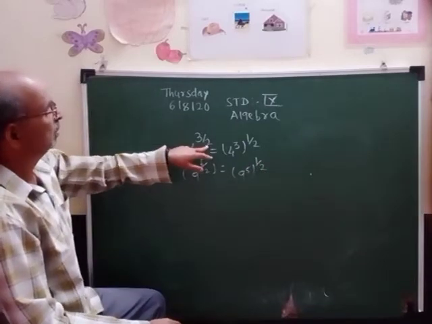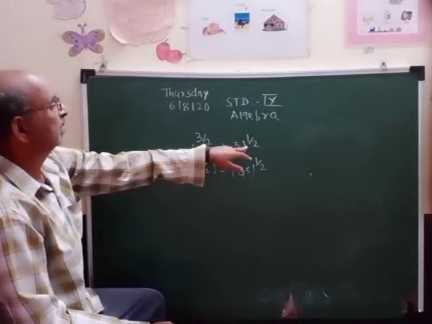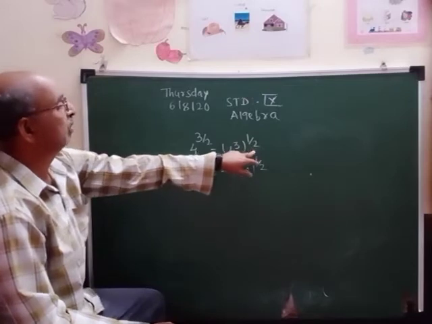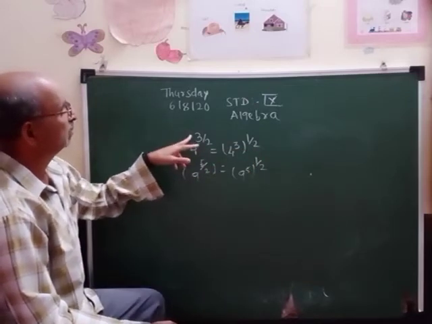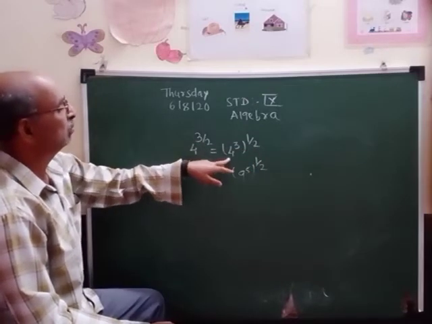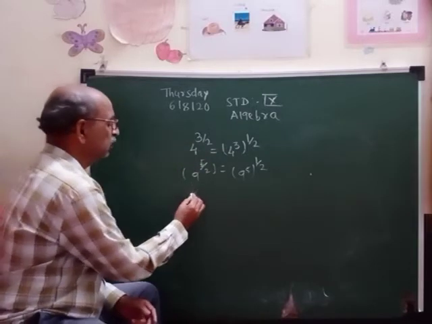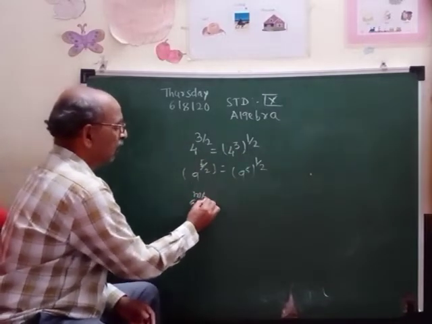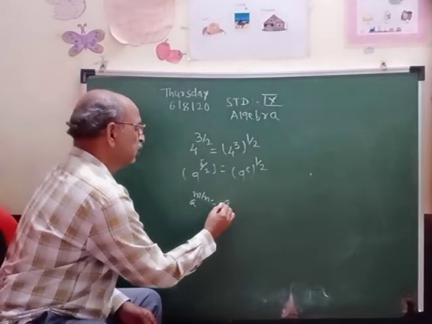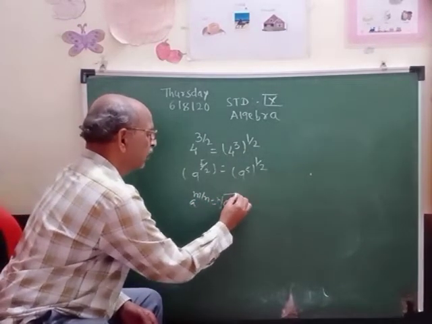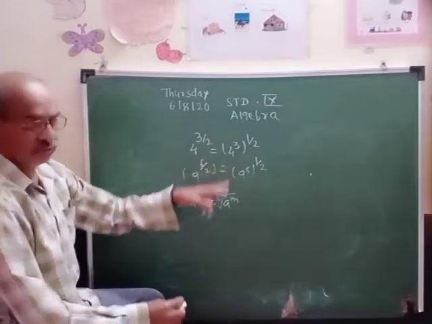The denominator n is taken as 1 upon that number, and the numerator goes to the bracket indices. In this way we use the rule a raised to m upon n is equal to nth root of a raised to m.